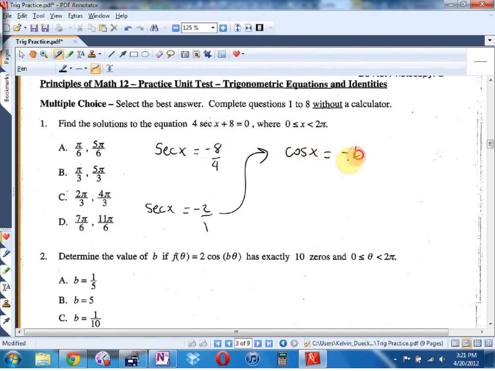Do I have a triangle with a 1 and a 2 in it? Where's cosine negative? To be honest, I would find the reference angle. If it was pi by 3, I would cross out A and D. If it was pi by 6, I would cross out B and C. And then probably I would just find the first answer and quit. It's multiple choice. Why find the second one if I've eliminated all the wrong answers?